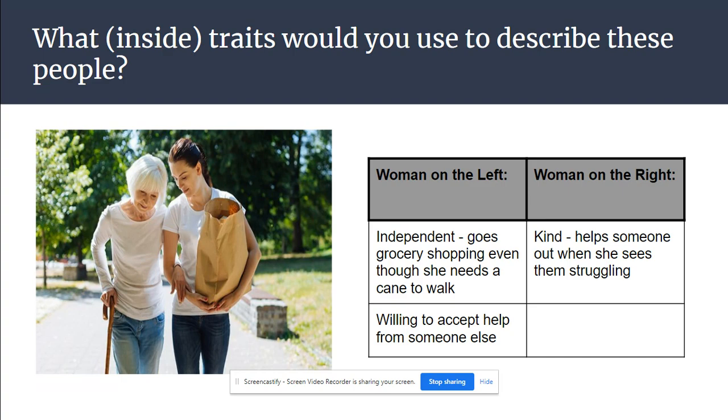She goes grocery shopping even though she needs a cane to walk. She isn't necessarily expecting other people to help her. But as evidenced by this picture, she's willing to accept help from someone else, right? So she's letting this younger woman help her out. And we could say that the woman on the right is kind, right? So when she sees someone struggling, she's willing to help them and offer them assistance.